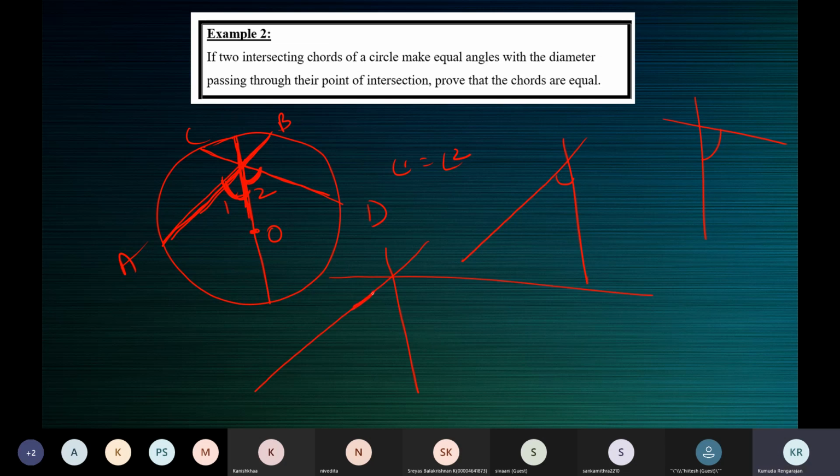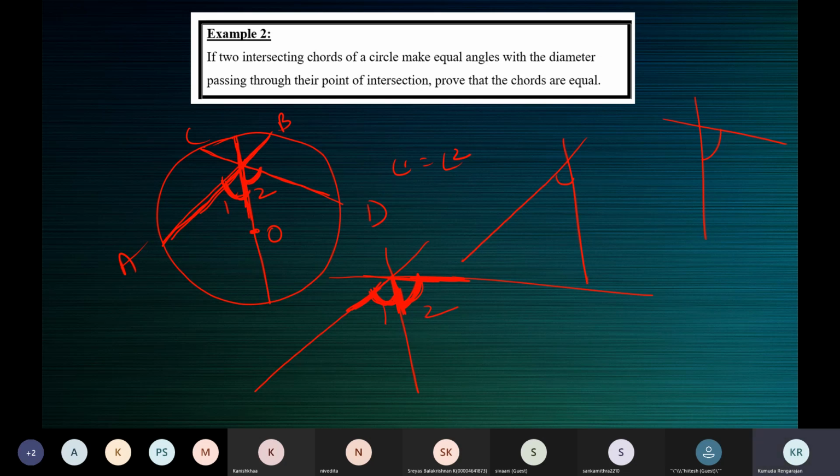This is one chord, this is the diameter, and this is the angle between the chord and the diameter. This is the other chord, this is the diameter, and this is the angle between the other chord and the diameter. If these two angles are equal, if angle 1 is equal to angle 2, then prove that AB is equal to CD.